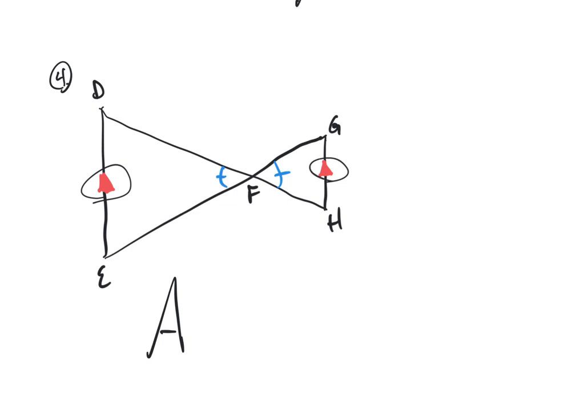Well, once again, the other information we're given is that the two vertical lines are parallel to each other. And once again, we have a theorem from way back that says if we have two parallel lines cut by a transversal, the alternate interior angles are equal. So this angle and this angle are going to be equal to each other.